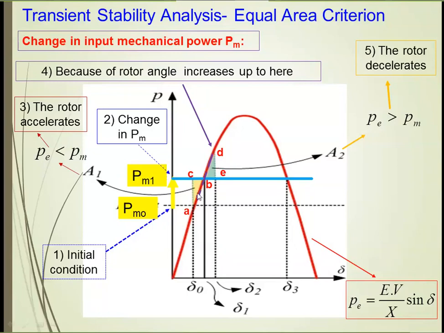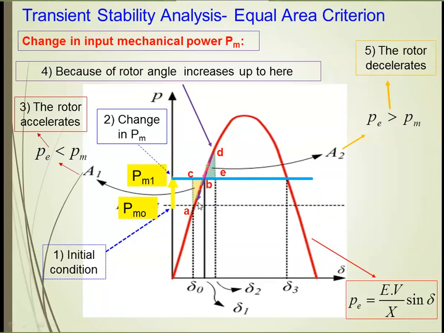So there will be a continuous swing across this point here. Finally, whatever energy is stored gets released in this area here, and then finally the rotor will settle down to the point B here now. So the rotor swings to this side, and then finally it will come back to the new point here. That is your point B. Right.